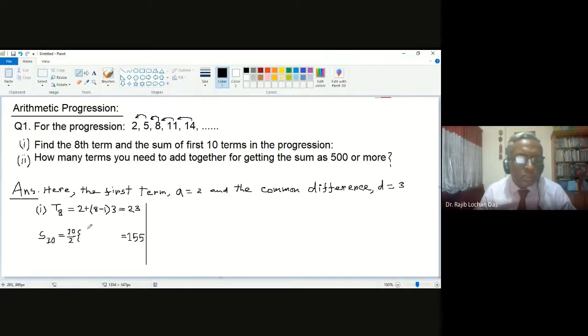So think about this. N is not given. Summation is given. So what to do for the second part of the question?